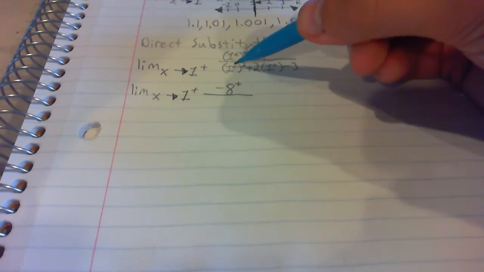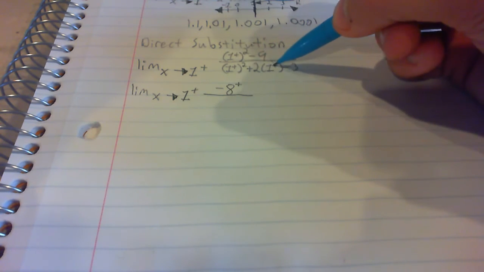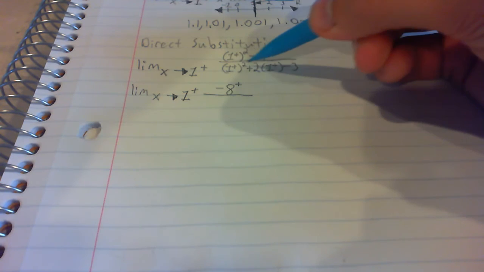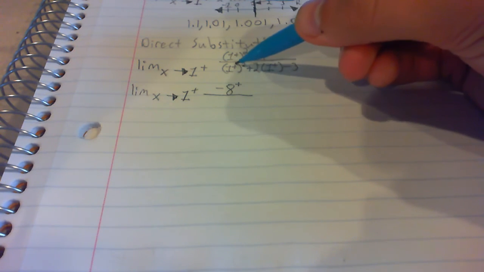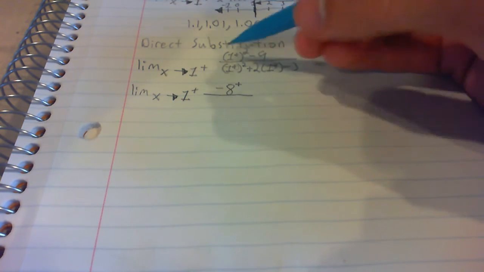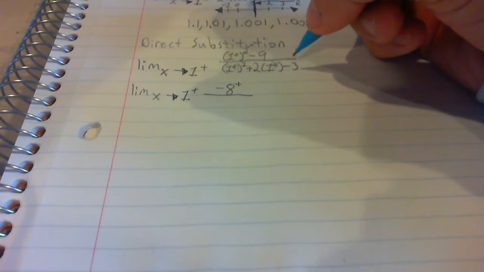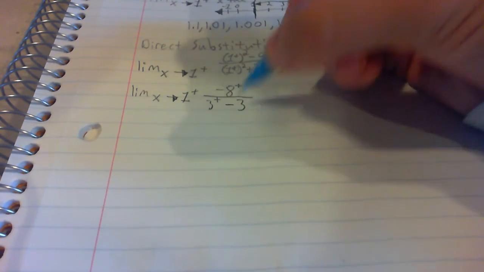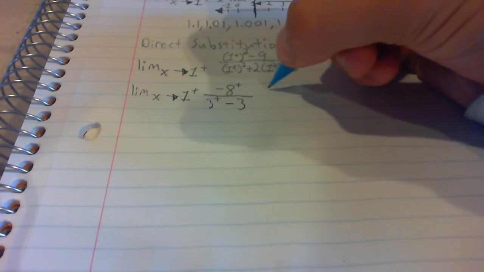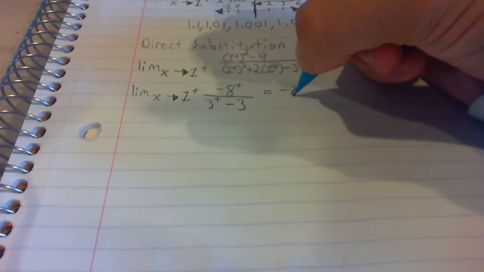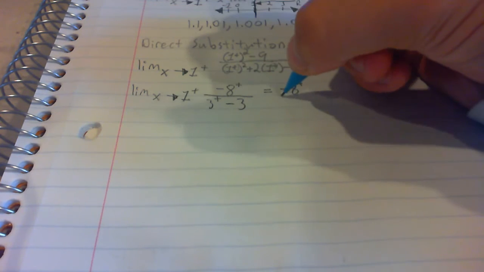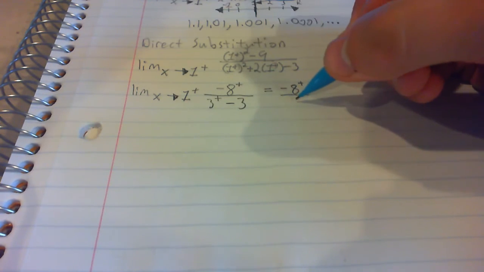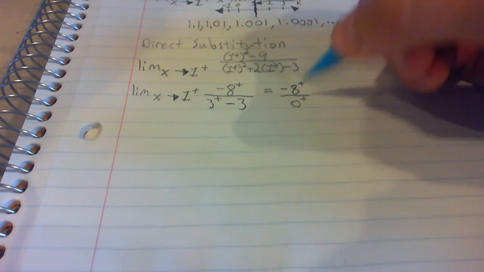So if we take a look at this, what we have here is something slightly greater than 3. So 1 plus 2 is 3, but these little positives give us something slightly greater than 3. So slightly greater than 3 minus 3. This equals -8 to the right all over a slightly positive 0.